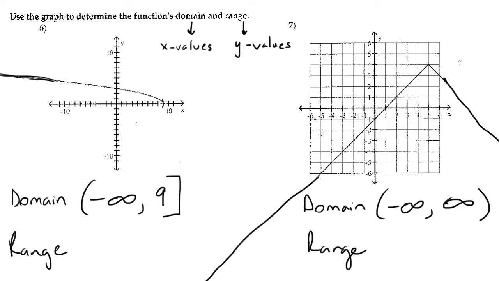That's the smallest y value. But it's defined at 1, 2, 3, 4, 5, 6, 7, 8, all the way over there. Since this is going up and to the left, it's going up forever. So even though it gets further and further to the left, this function is still going to be defined for all of these y values.